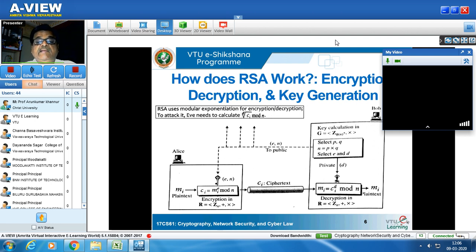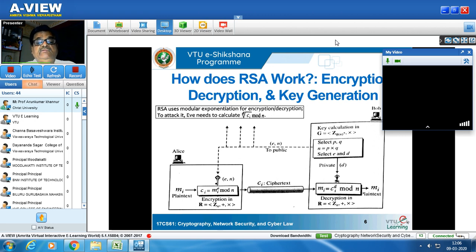D will be kept with the receiver and E will be made public. The multiplication of P and Q, which is N, and the encryption key E, both will be made public, and those will be available to the sender as well.